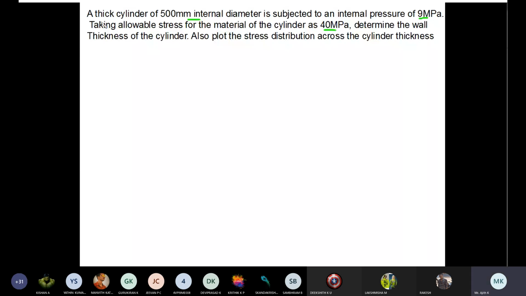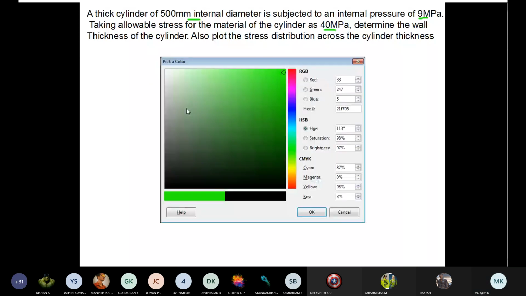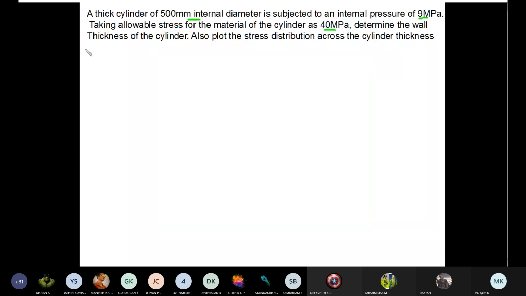A thick cylinder of 500 mm diameter. So internal diameter D1 is 500. If D1 is 500, R1 will be half of that, 250 mm.